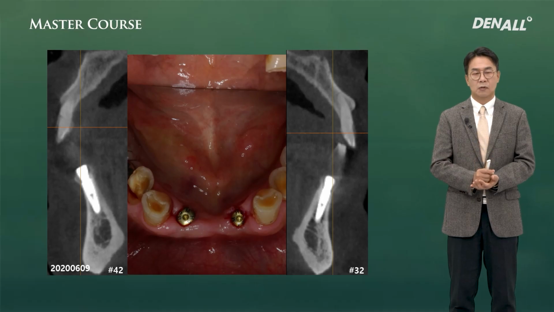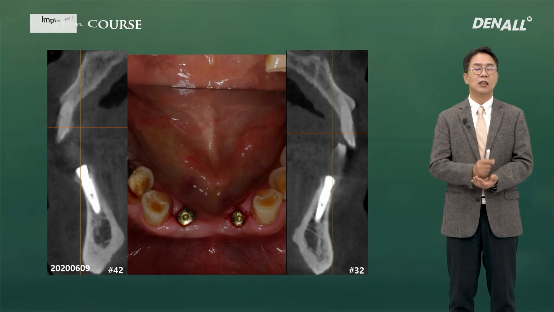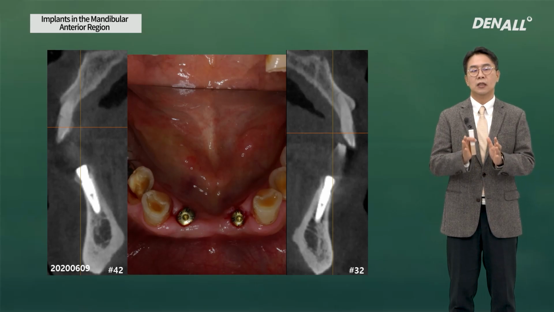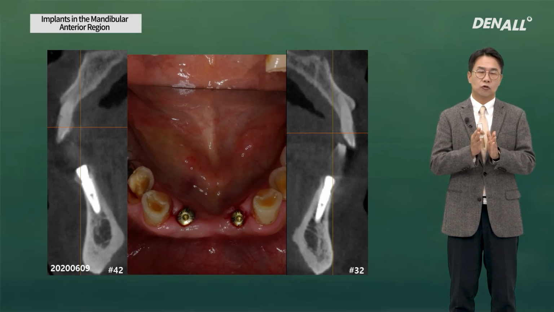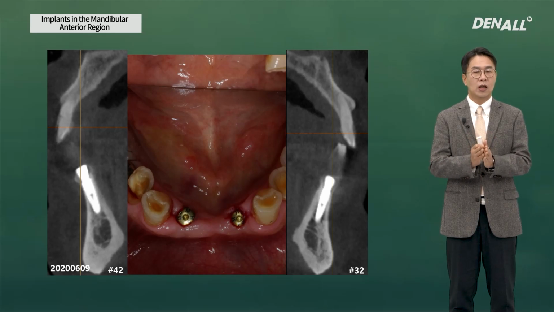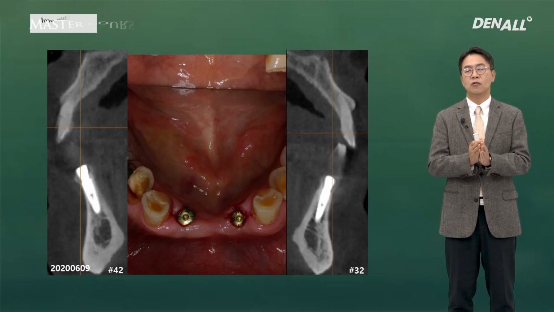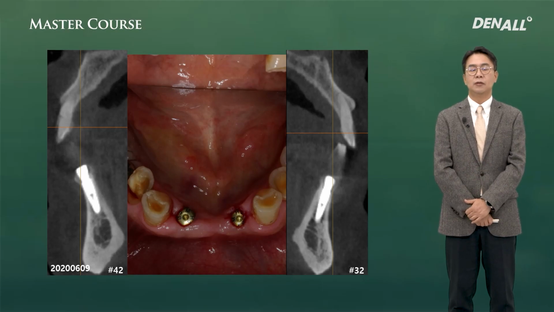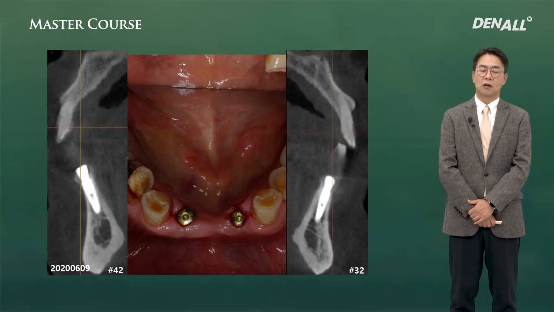But as I said before, that can make changes in the outcome. So you need to select what you like, and if you use the technique of your preference in the mandibular anterior, I believe you will have good outcome.